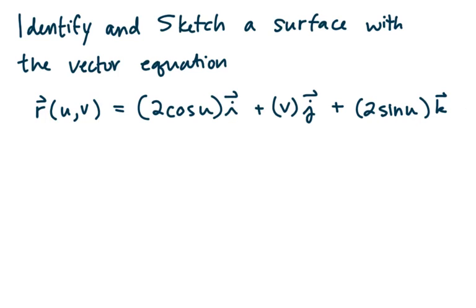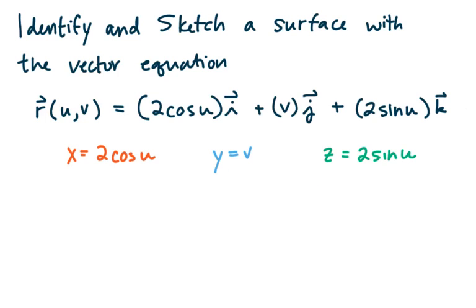Here I can write x equals 2 cosine u, y is equal to v, and z equals 2 sine u. So we're breaking it apart into its component pieces, and we're looking at these as x, y, and z independently.